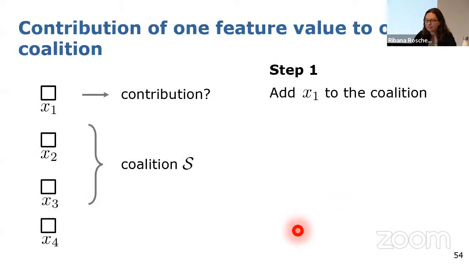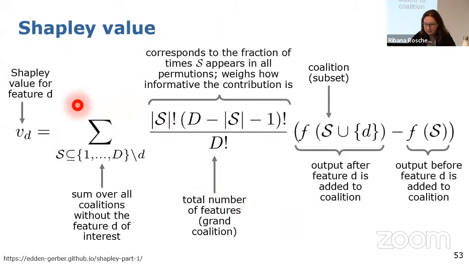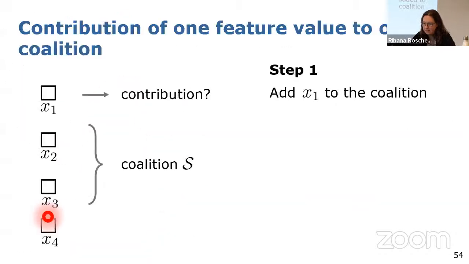But yeah, so the equation here needs to sum the contribution of a single feature to different coalitions. So you have a sample, a single feature you want to analyze, a specific feature value, and you want to analyze different coalitions.